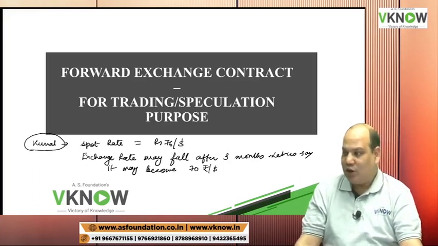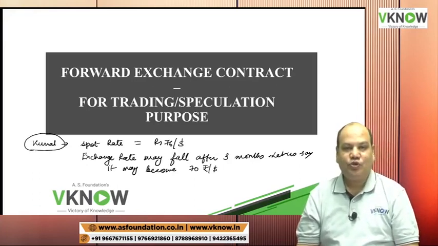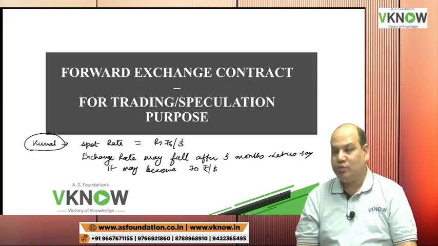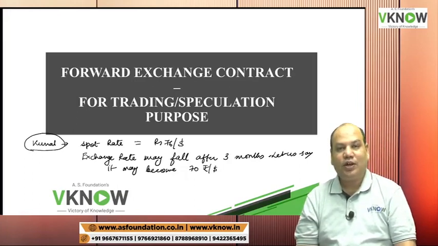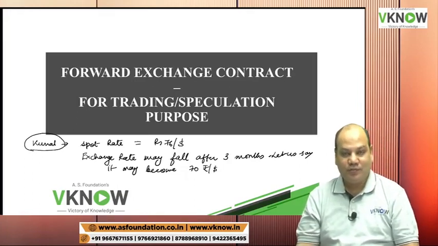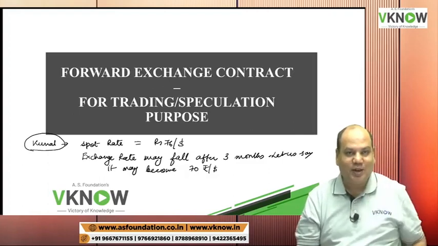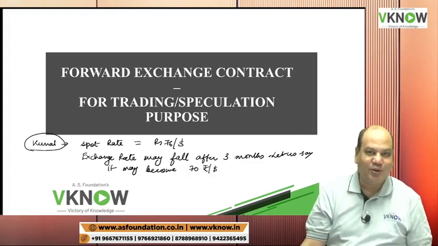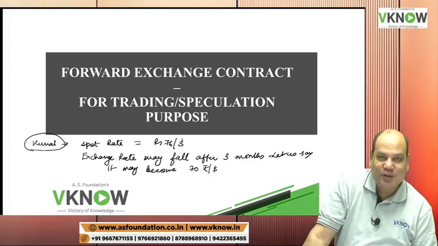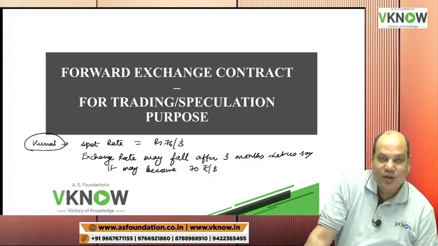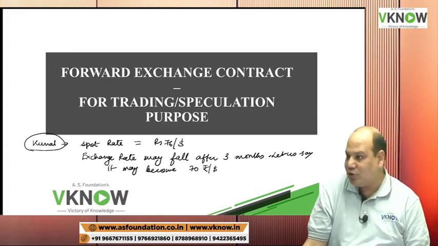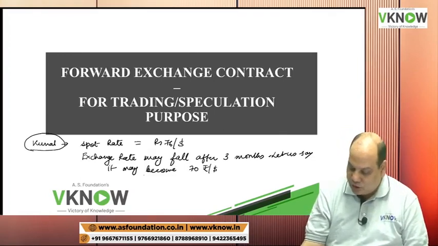What should Kunal do if he is expecting that the dollar rate will fall? This they will not explain in your institute's material or any book on this planet Earth. You have to listen to me only. Kunal is thinking that dollar rate will fall to 70 rupees per dollar after 3 months. What should Kunal do?